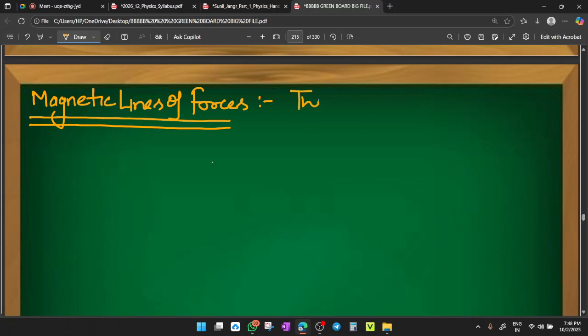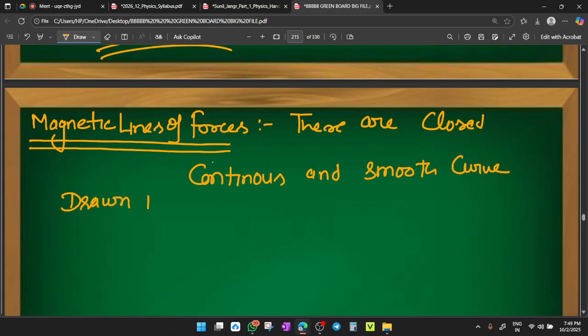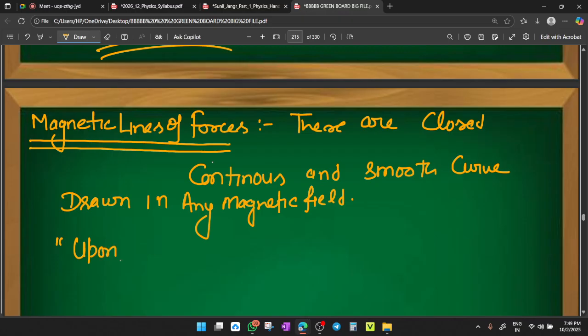These are closed, continuous, and smooth curves drawn in any magnetic field upon which a unit north pole can move freely.